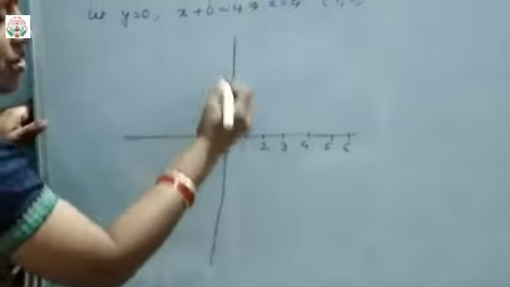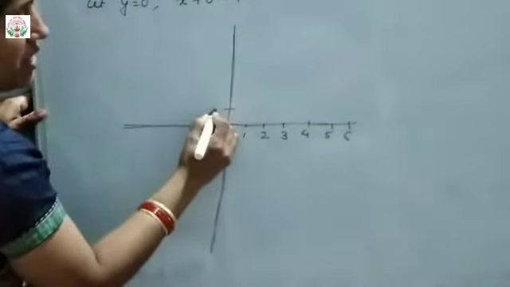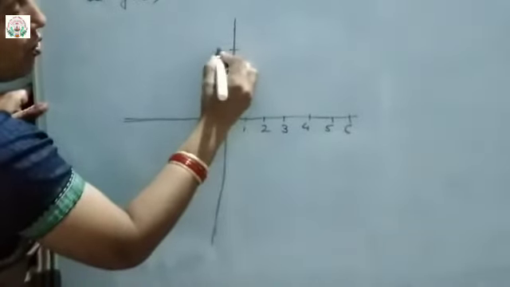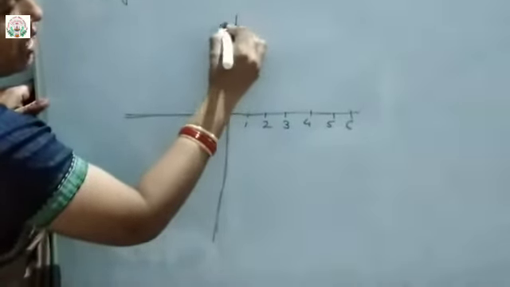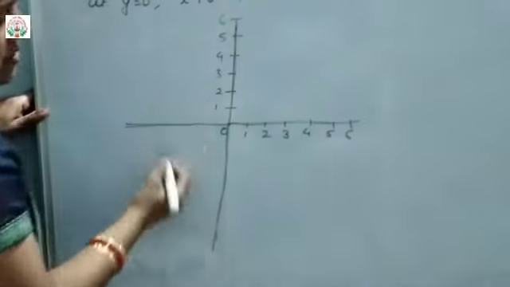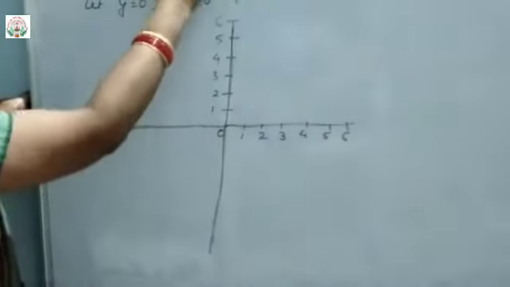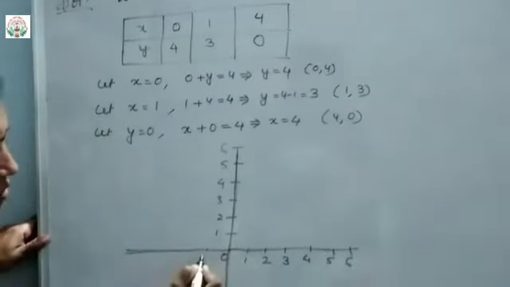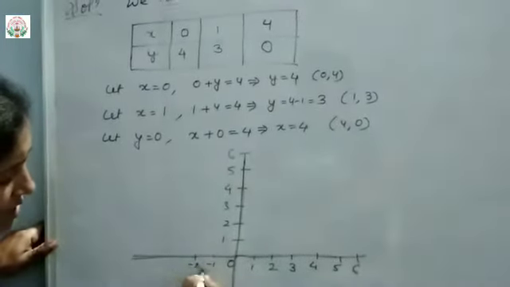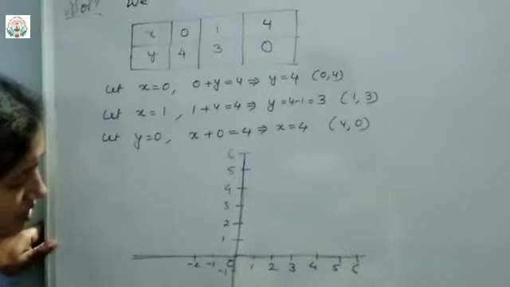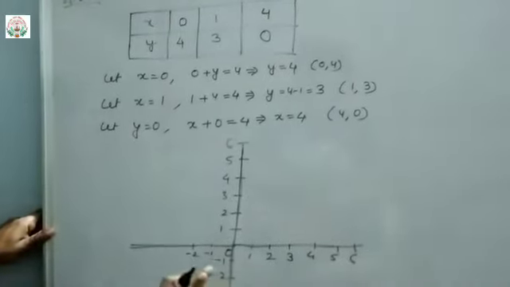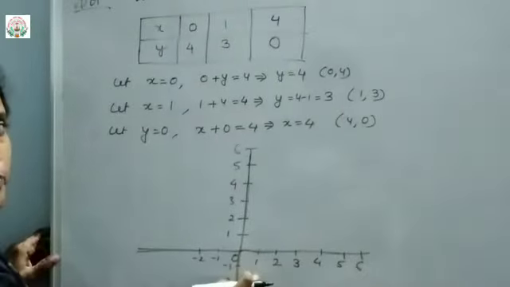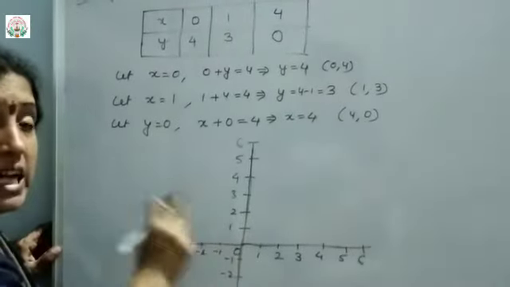Same way on the x-axis positive side, 1, 2, 3, 4, 5 and 6. This side, here in the table you can see no negative values. So if no negative values, then only 1 or 2 values you write and leave it. No need to go for more numbers. Only 1 and 2 and leave it. Now go for these points on this graph. This you have to do in graph paper.